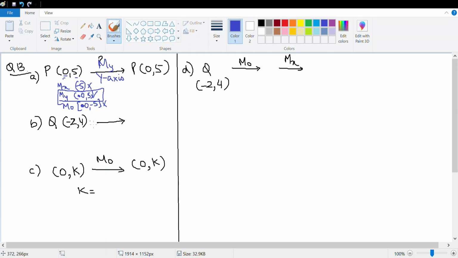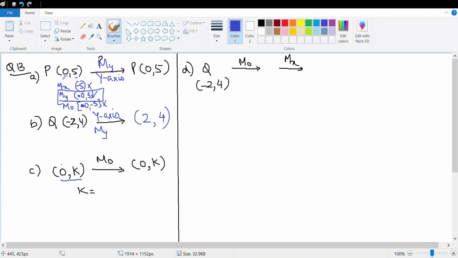Oh, so we found this as the y-axis, which means this is My, which means the coordinate of x will change, or the sign of x will change. So this will be 2, 4. Next, (0, k) on reflection in the origin is invariant. So when you are reflecting it in the origin, 0 remains 0 and k remains k.